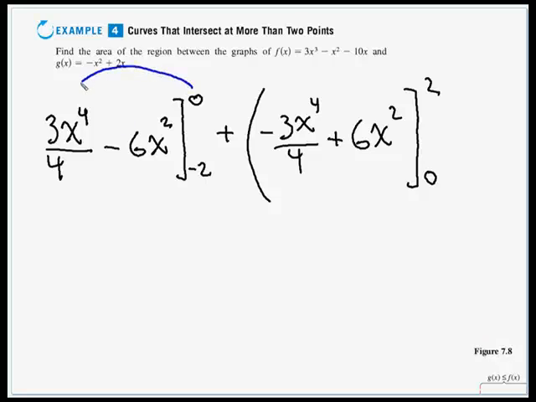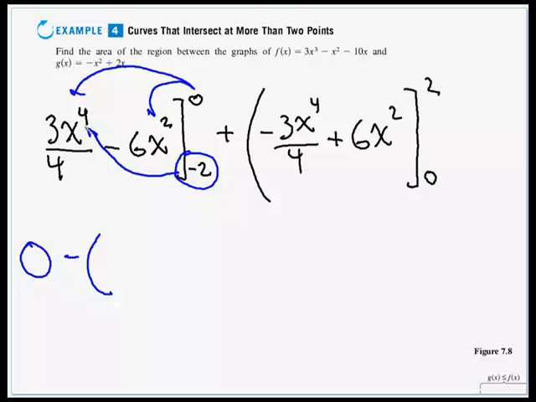So here we plug in the upper limit, zero, and since each term has an x, those just go to 0. 0 minus, and then we're going to plug in our lower limit, negative 2. So let's see here. What do we have? Negative 2 to the 4th power.